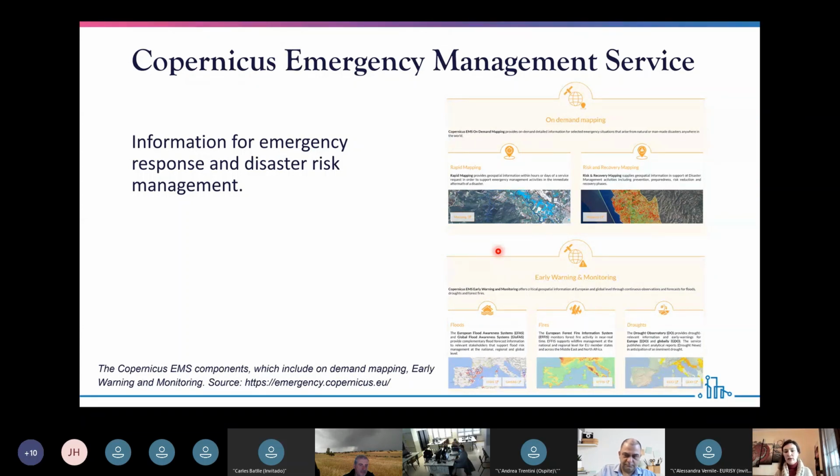And also the aftermath of the disaster is monitored through these services, which we are going to briefly introduce at the end of this discussion today. But the first part of the service, which is the on-demand mapping, is the one that we are going to dedicate the majority of time to.